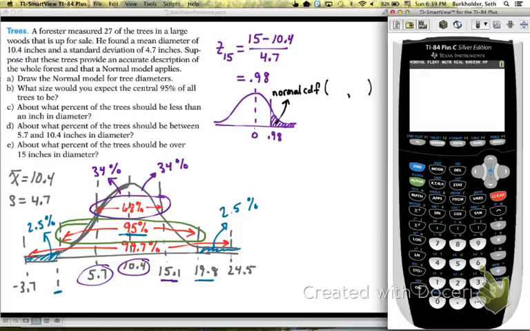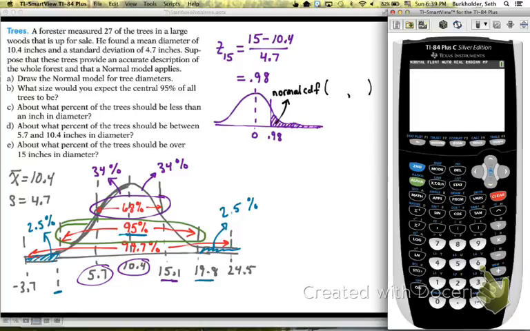We want to find the area between 0.98 standard deviations and infinity standard deviations, because we know that this normal model does continue up here indefinitely. Then the percentages get so small when you get far enough beyond a few standard deviations from the mean that they're almost negligible. So how do we handle infinity on our calculators?